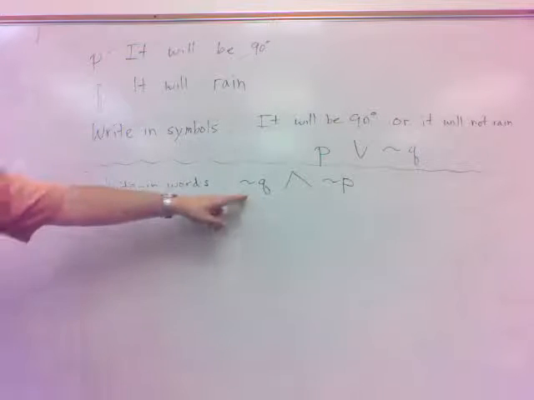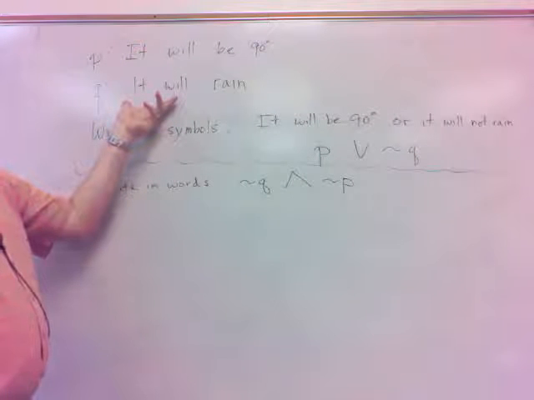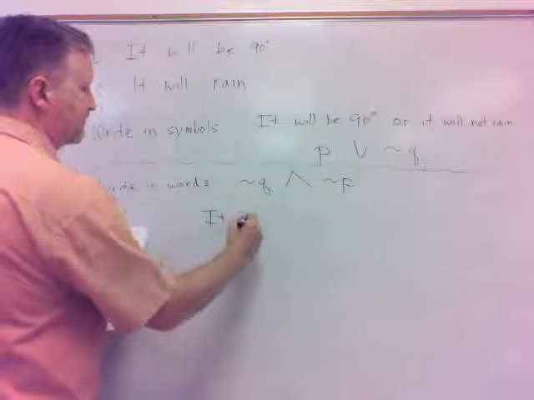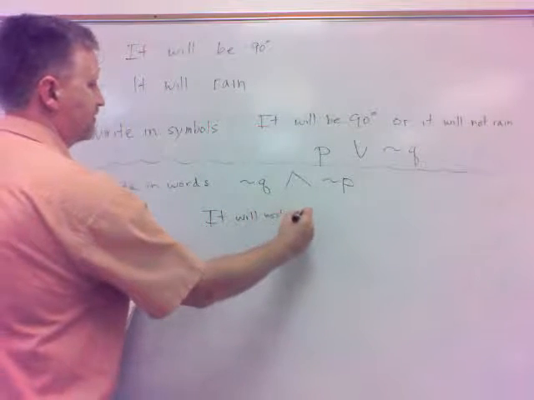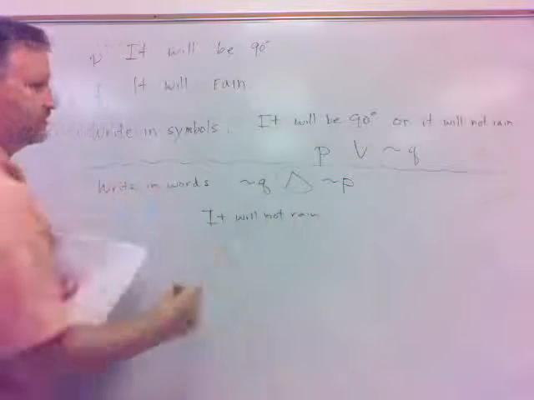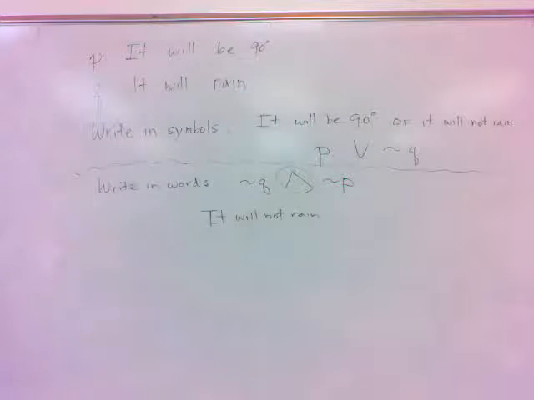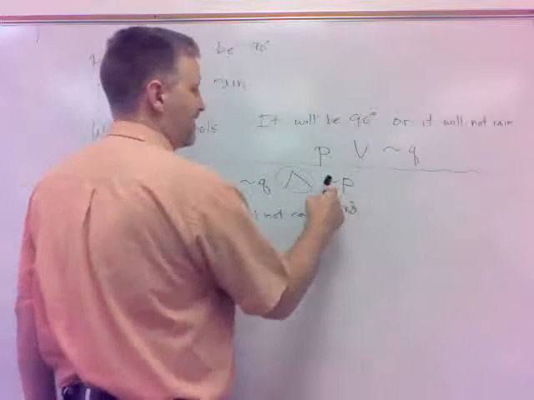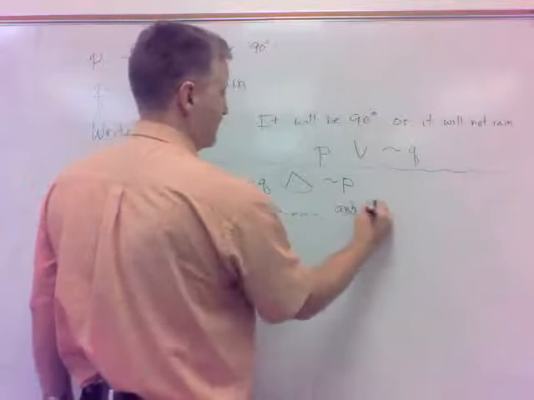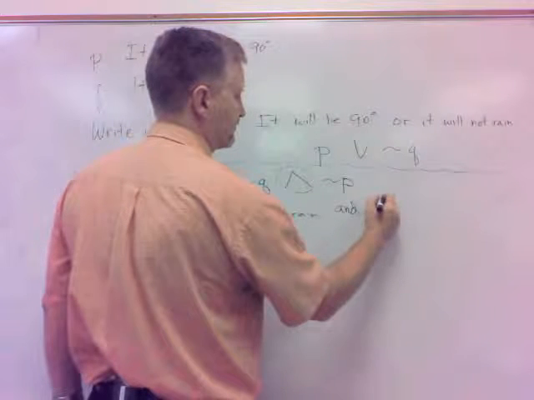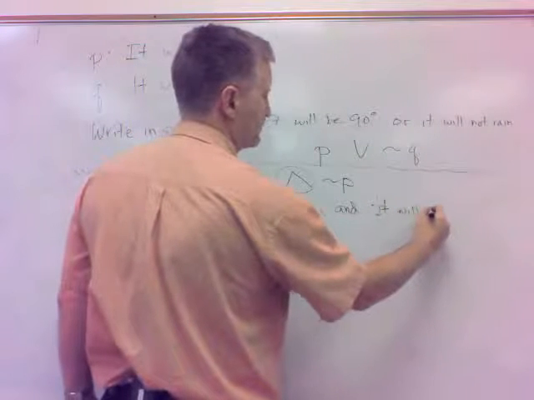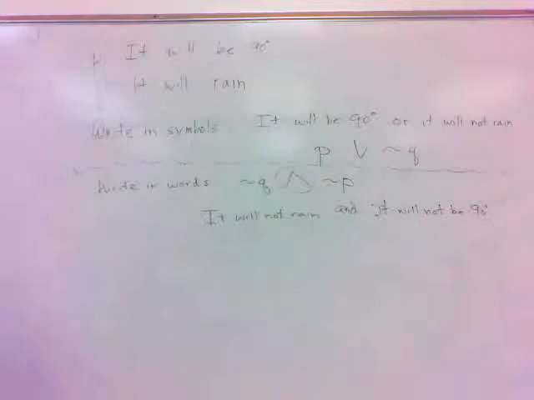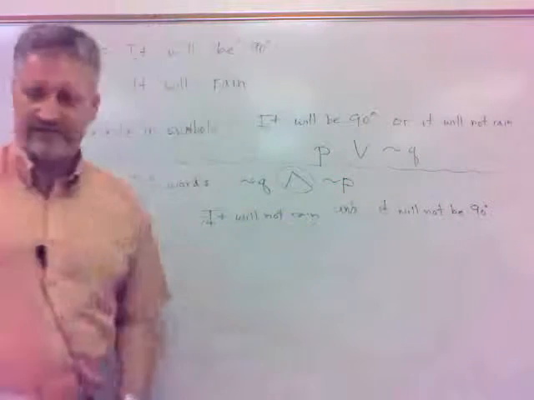Well, squiggly Q is the opposite, the negation of Q, so it will not rain. And then this symbol, well, that's the and. Like I said, it looks more like an A than the other. And squiggly P is the negation of P, so it will not be 90. Okay? All right, so like I said, it's not anything difficult yet, but just so you know.